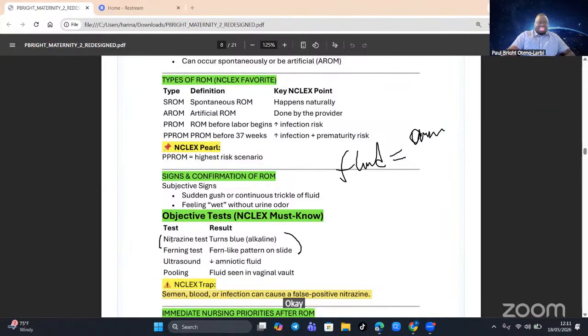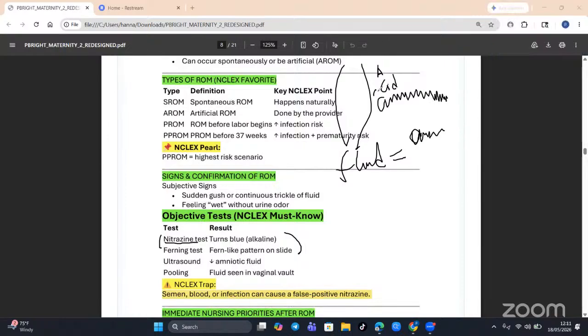Okay. So the nitrazine test, if it is amniotic fluid, because amniotic fluid inside the uterus, let me test you. Inside the uterus, is it acid or a base?